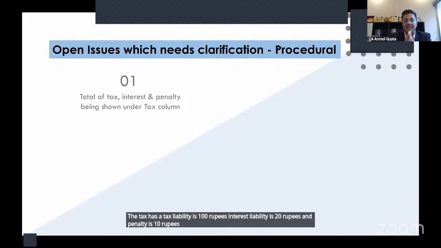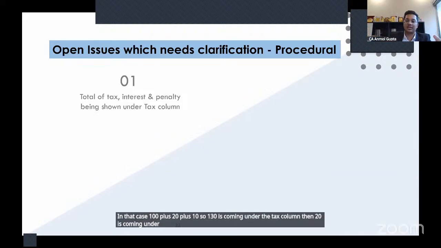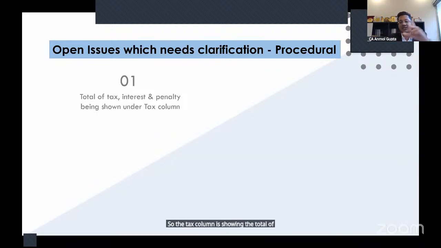While filing on the portal, it shows 100, 20 and 10. But when we generate the preview and finally file the application, in the SPL-02 PDF that we download, 100 plus 20 plus 10, so 130 is coming under the tax column, then 20 under the interest column, and 10 under the penalty column. So the tax column is showing the total of tax, interest and penalty, 130 rupees.